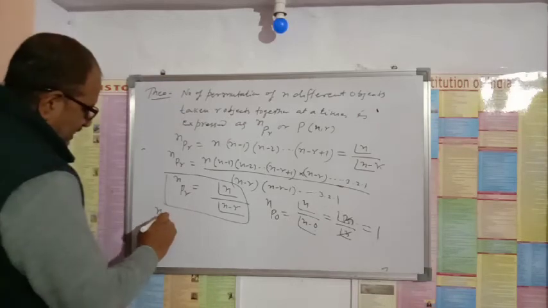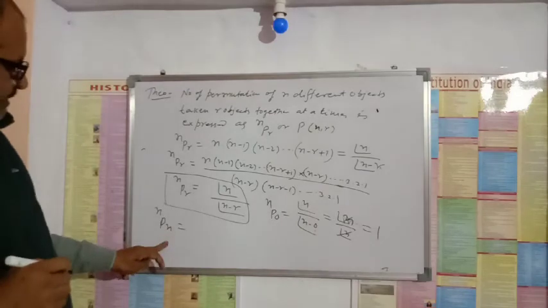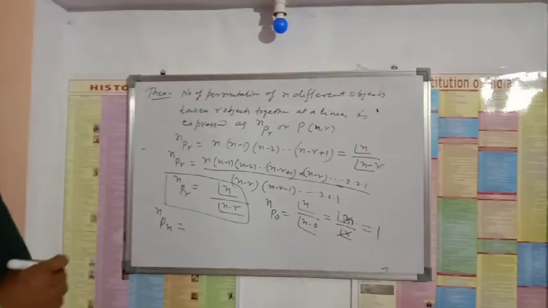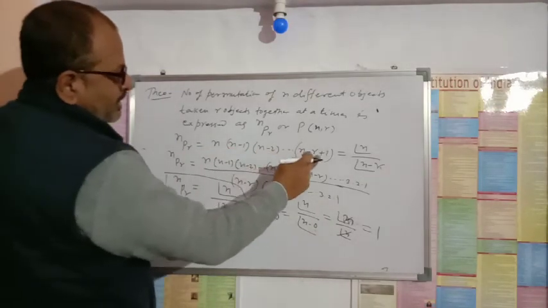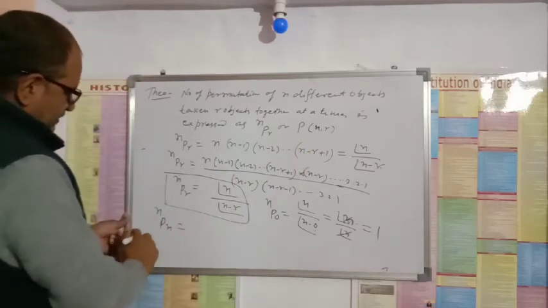And what is nPn? See what will be nPn. Taking all the objects together, how many arrangements can we make? So see here, what is nPr? n into n minus 1, n minus 2, up to n minus r plus 1. So in place of r, we have to put n.